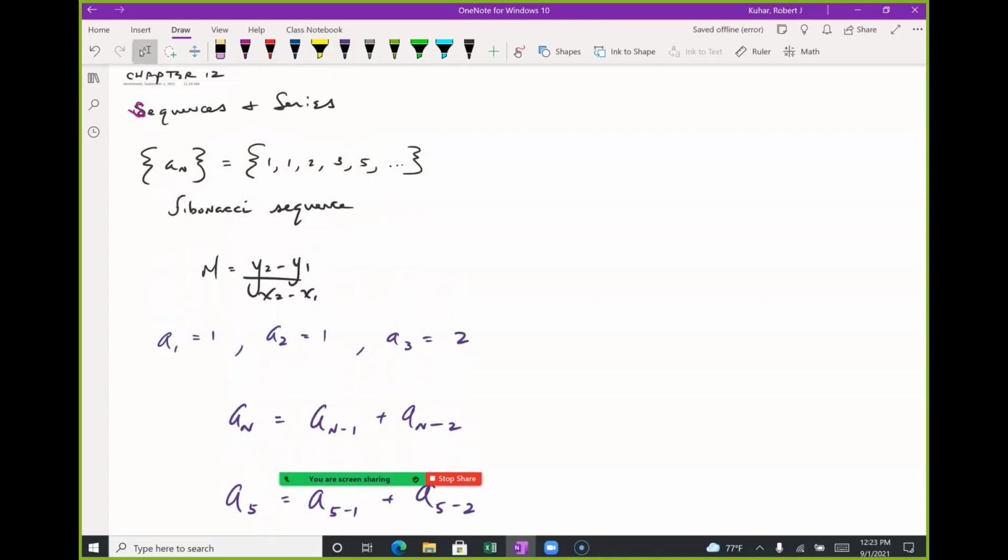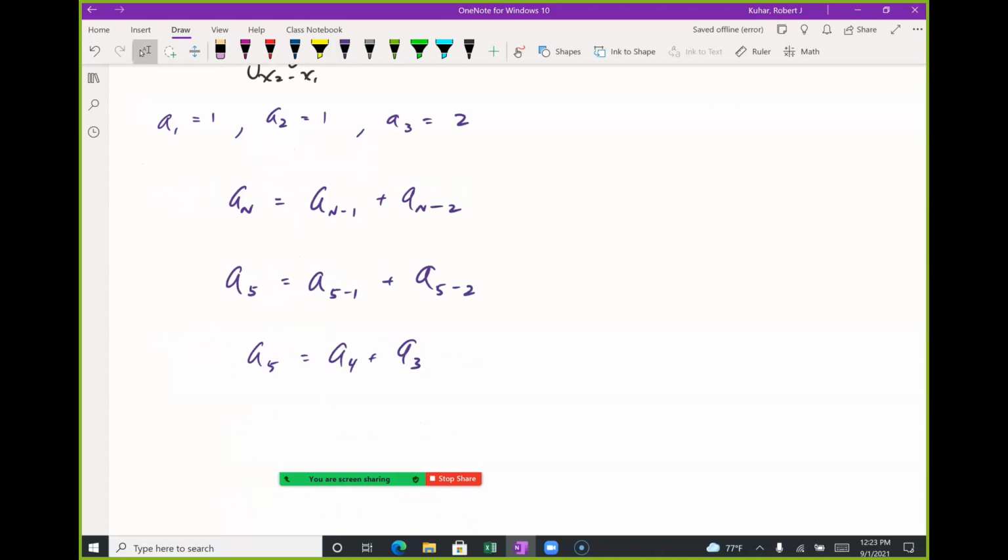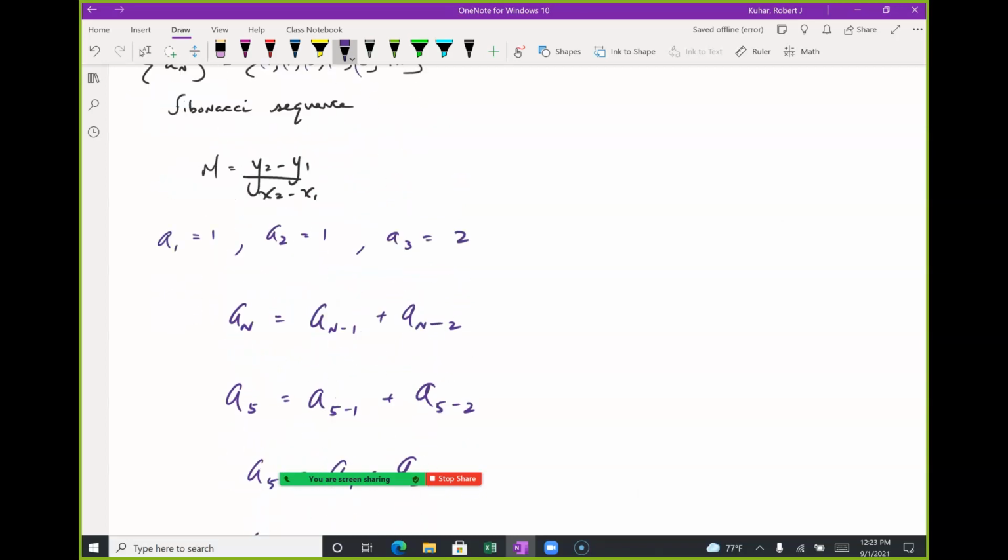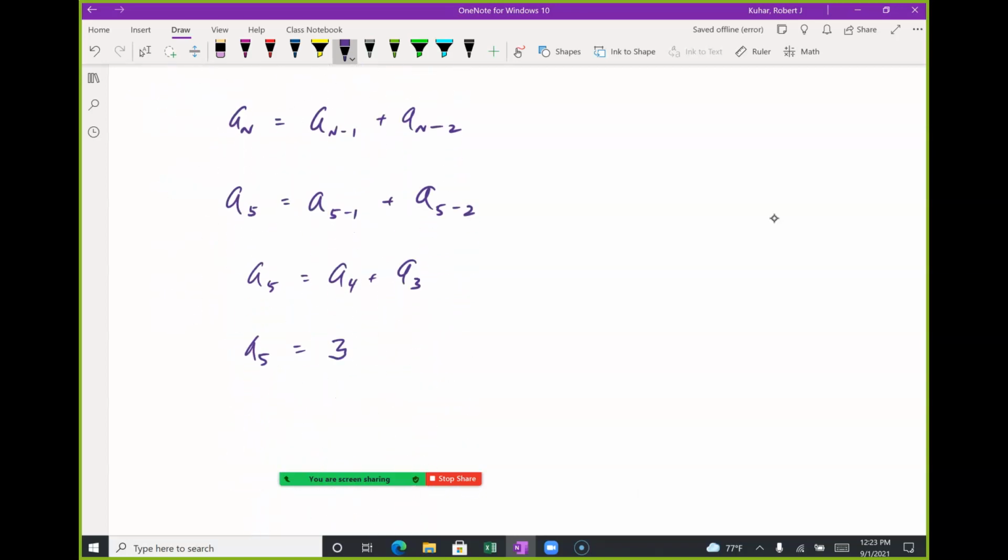So what is a sub 5, by the way? 1, 2, 3, 4, 5. We know a sub 5 is 3 plus 2, which is 5. It's the two previous terms added up. Is that making sense at all, this subscript idea? Nth term, first term, second term, nth term, right?